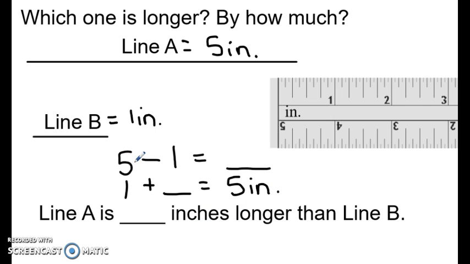So either way, if I do 5 minus 1, I get 4 inches. Or if I think of it like this, 1 plus 4 will give me 5 inches. So in either case, line A is 4 inches longer than line B.